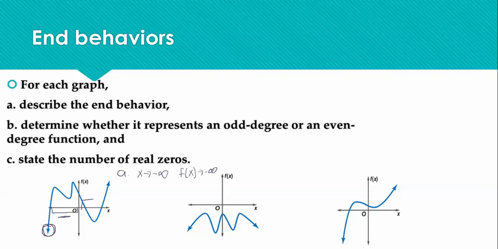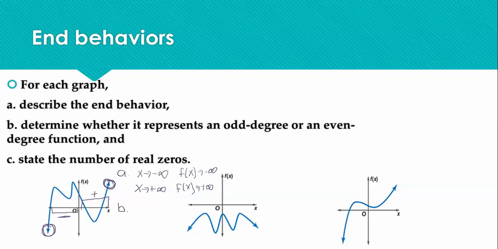Then, when I look at the positive x's, when x goes to positive infinity, my f of x is also going towards positive infinity. So that was A.